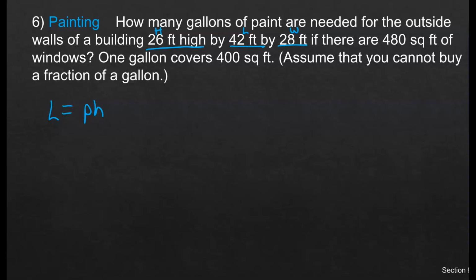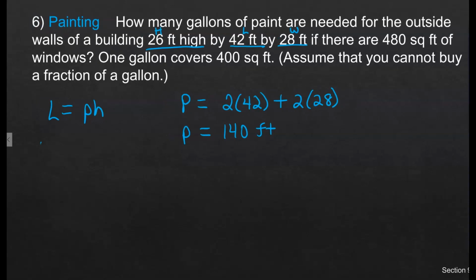Okay, so the perimeter, let's find this over here, is going to be 2 times the length plus 2 times the width, because it's a rectangular shape, right? It's a rectangular base. And so that's going to be 140 feet for our perimeter. So then to find our lateral area, our lateral surface area, we take 140 times our height, which is 26 feet.